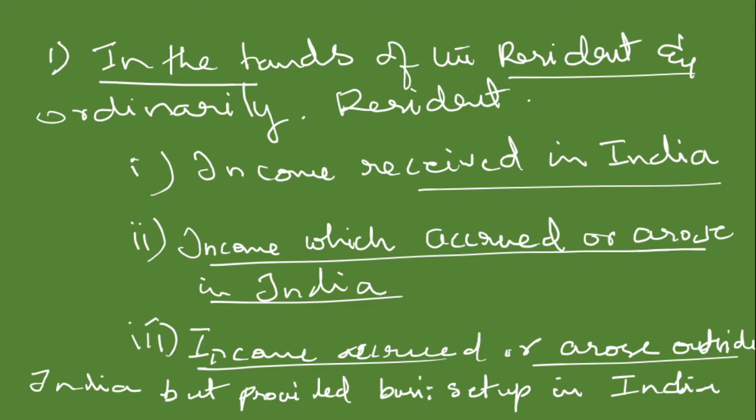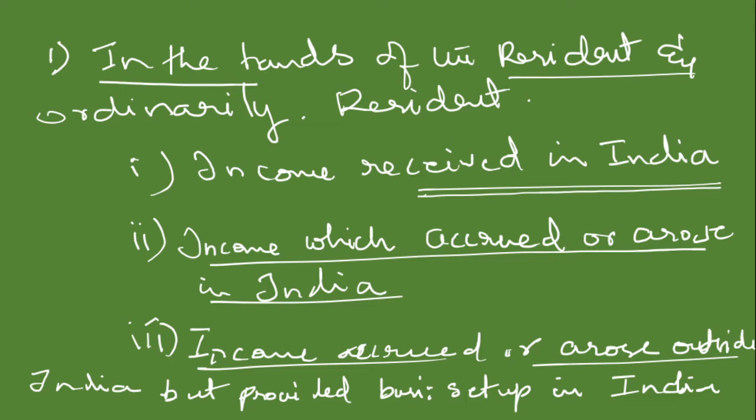These are the things applicable for resident and ordinarily resident. So income received in India, income which is accrued or arose in India, income accrued or arose outside India, but it is set up in India.